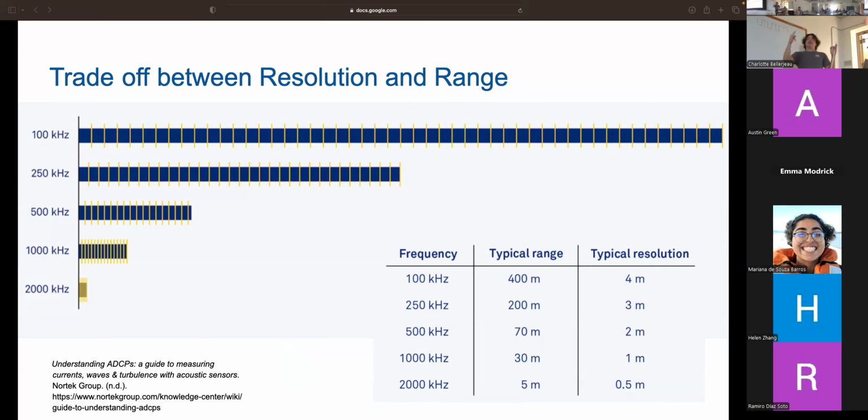That is what determines your bin size. So with high frequency and small wavelength, your actual bin size can be a lot smaller, because the 10 wavelengths of sound that you need to get an average is just smaller. Whereas with low frequency, it's the opposite. Does that make sense? Yes, totally.